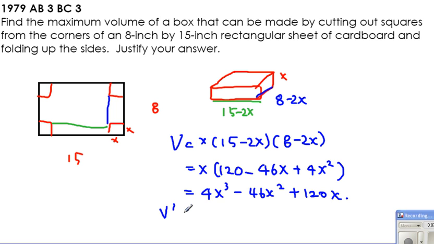Now taking the derivative, V prime, we get 12x squared, minus 92x, and plus 120. Now we can set this equal to 0.